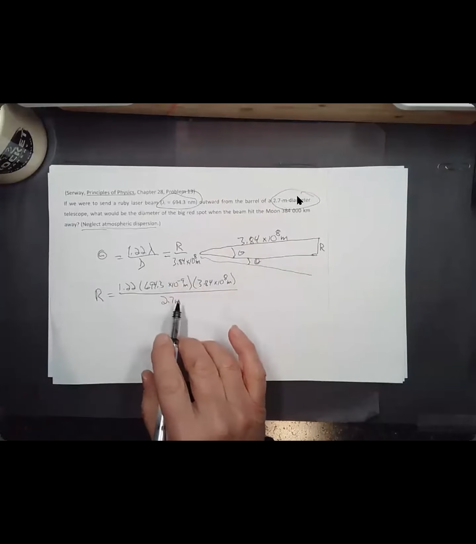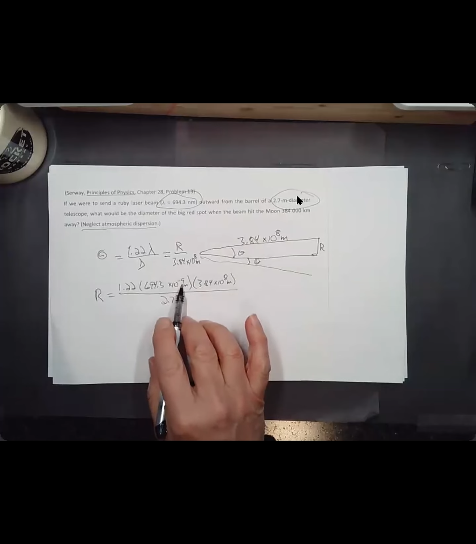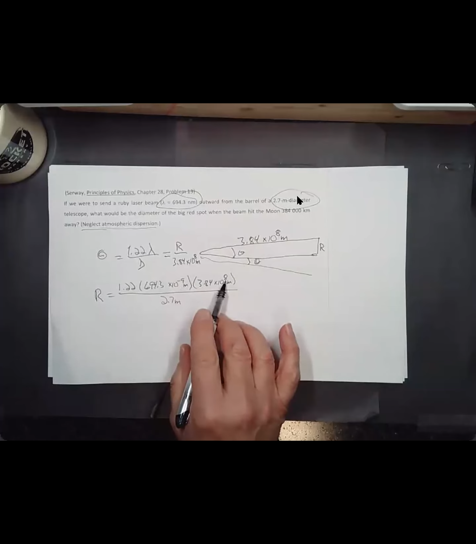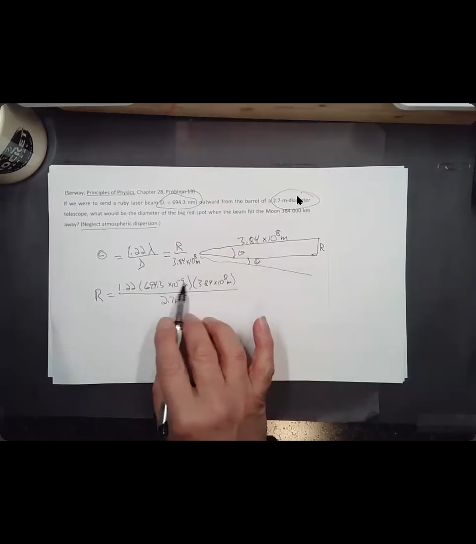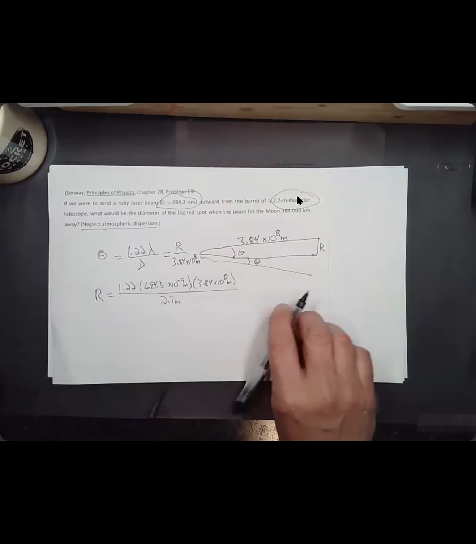So if you look in here, 10 to the minus 9th times 10 to the 8th is 10 to the minus 1, but I've got stuff multiplied together, so may as well just do it and see what we get.